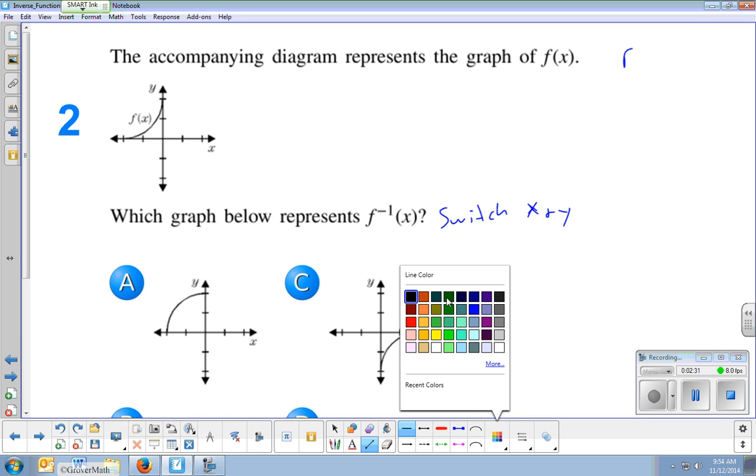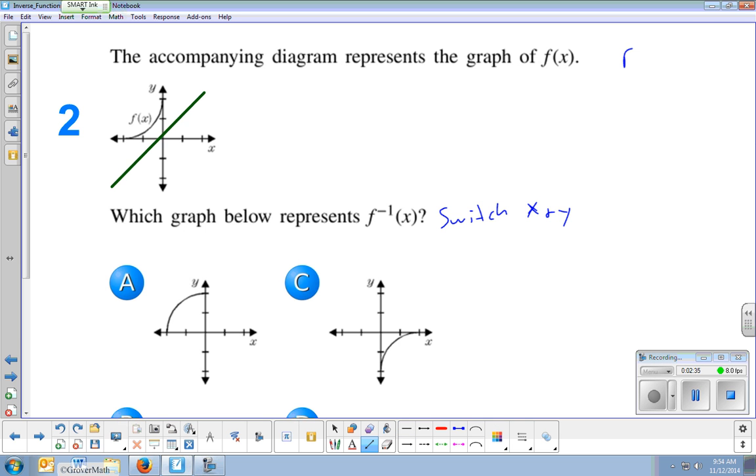Well, I call it a diagonal line. I don't even know if that's really the proper word, but a line like this. This is the linear equation y equals x.